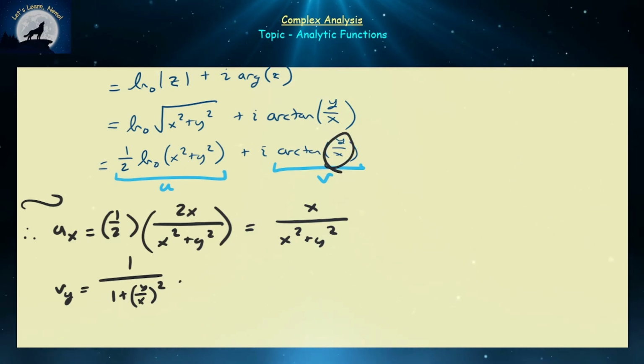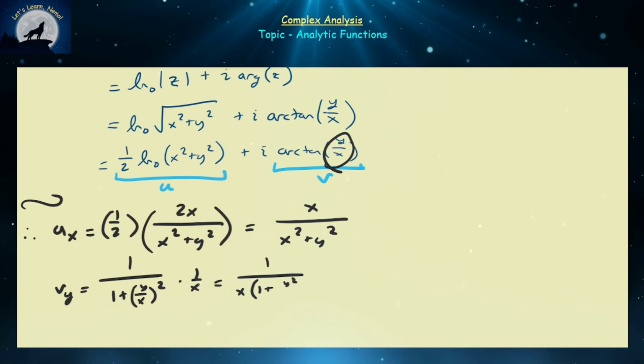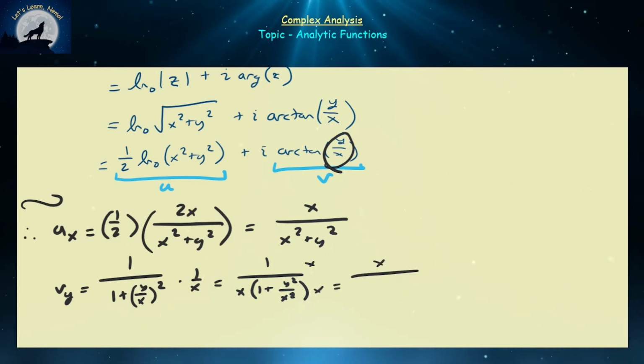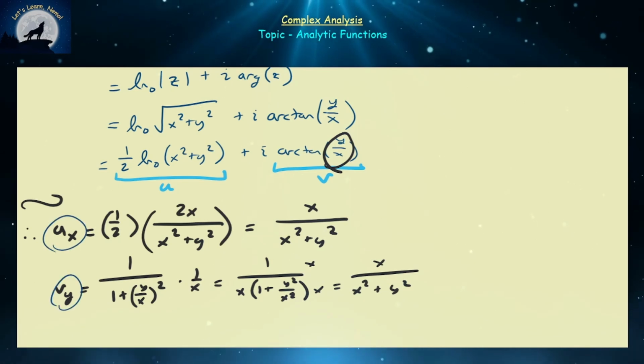So that's going to be equal to 1 over x. So what is this going to be? That's going to be 1 over x times 1 plus y squared over x squared. And let's just multiply, maybe by x, top and bottom. That's going to give us x divided by x squared plus y squared. And then notice that u_x and v_y will now be equal to each other.